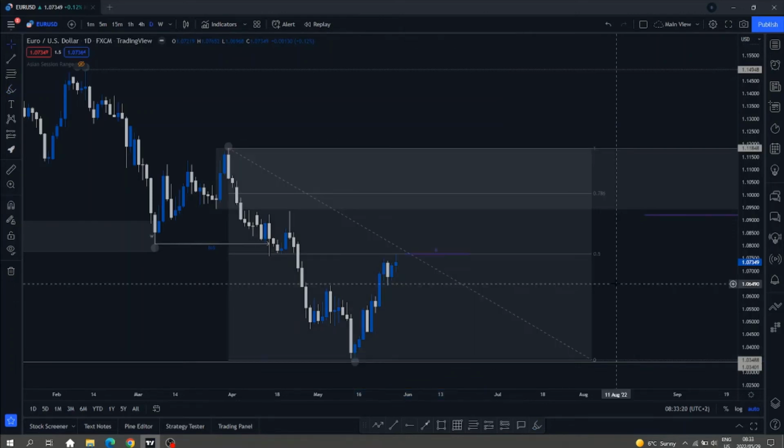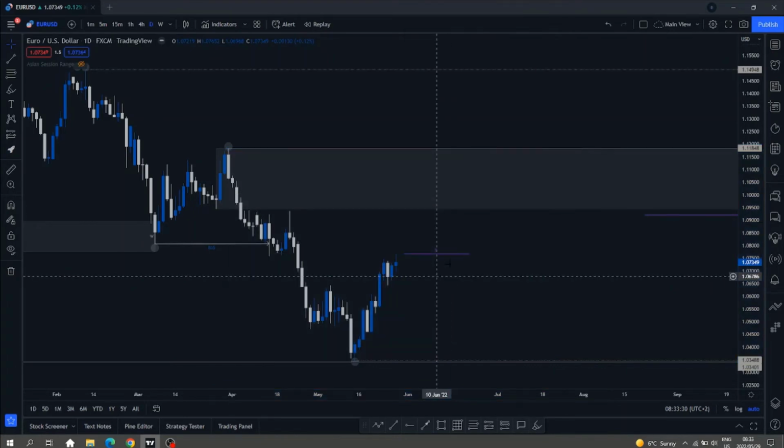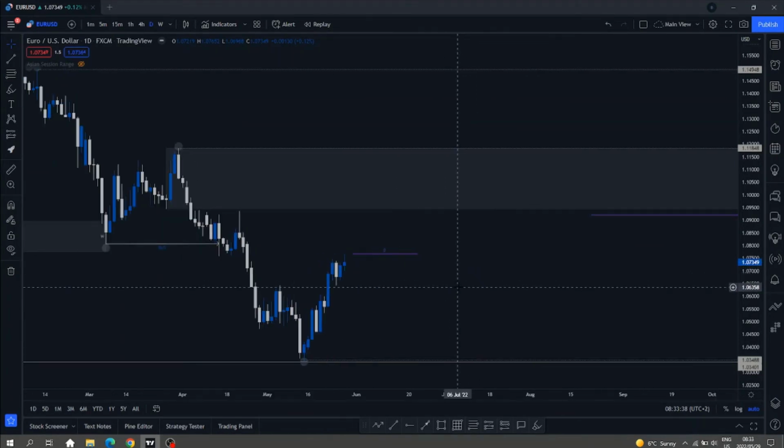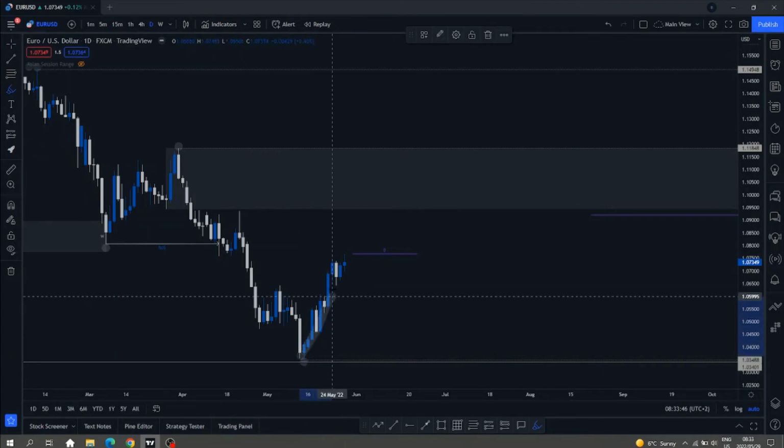Okay, so once we map out our swing high and our swing low of the daily swing, we can see that we are currently really close to interacting with our daily equilibrium. Okay, so that is positive. I would say that is a good sign, because it means that the weekly bullish reaction we've seen off of the weekly swing low is essentially this bullish push to the upside on our daily.